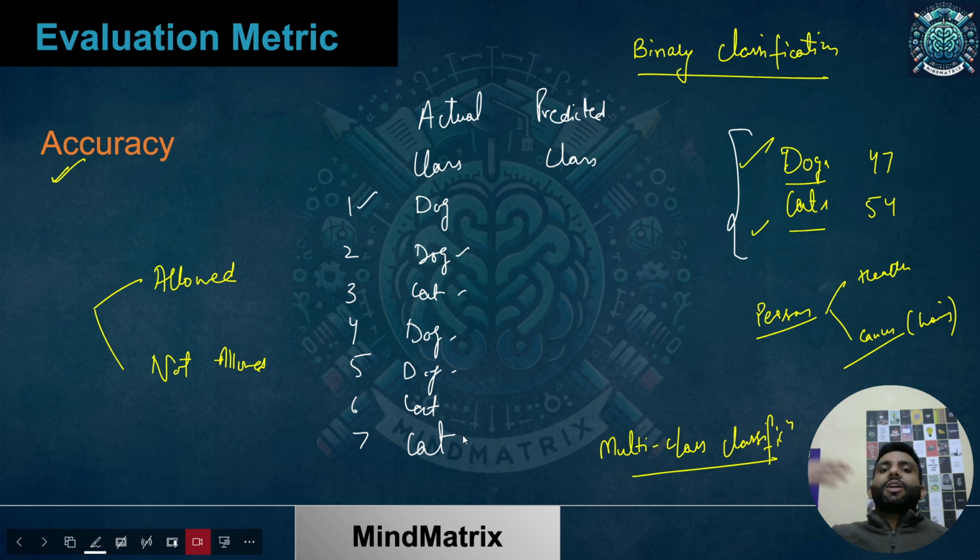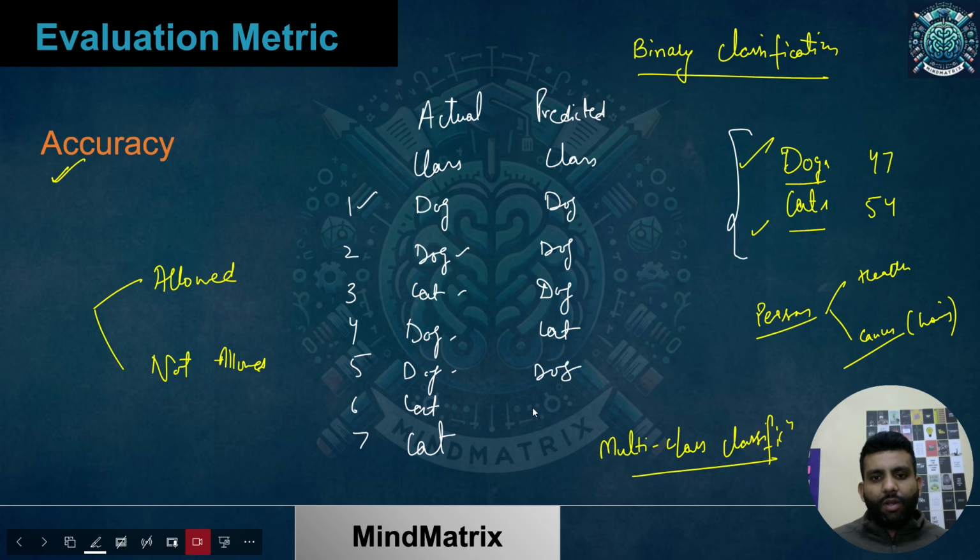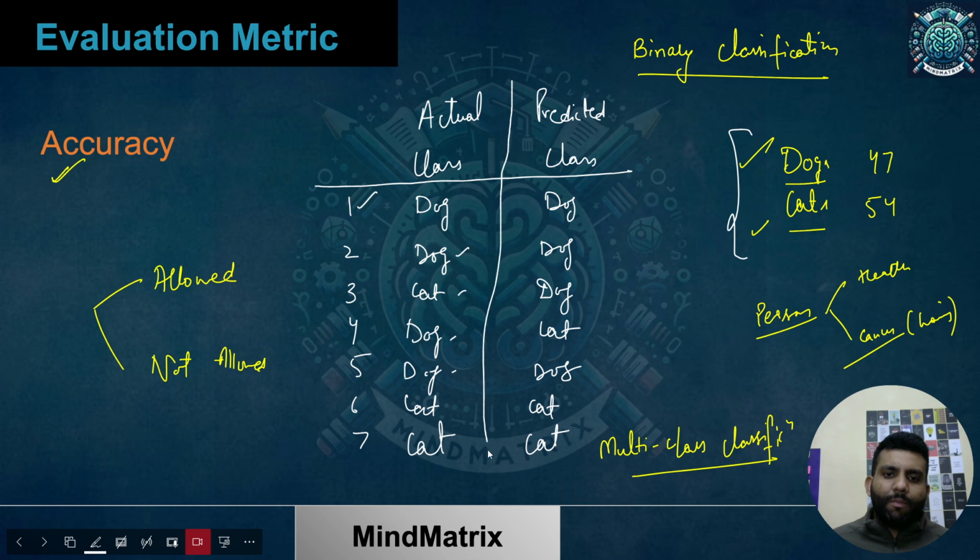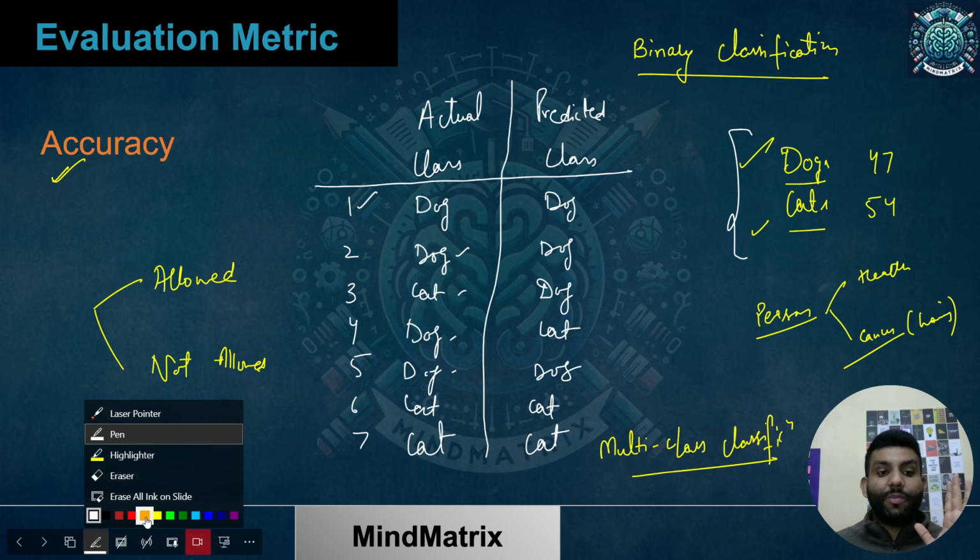But when I give it to the machine learning model and it predicts the class, let's suppose it says it's a dog, it's a dog, it's a dog, it's a cat, it's a dog, it's a cat, it's a cat. Let's suppose something like this was predicted. Now you can see what the correctly predicted classes are.